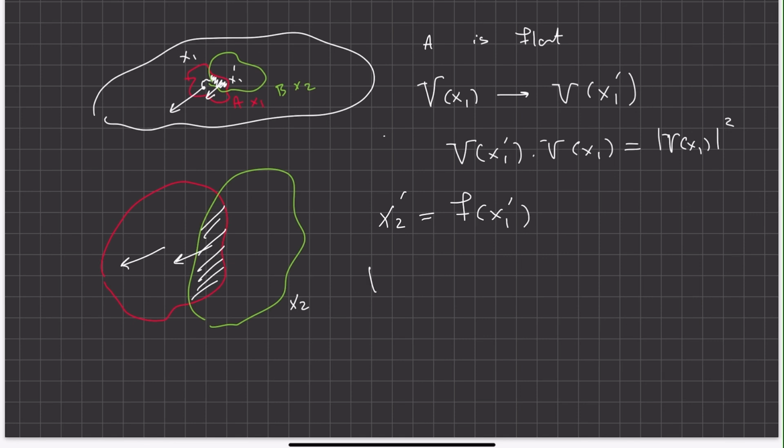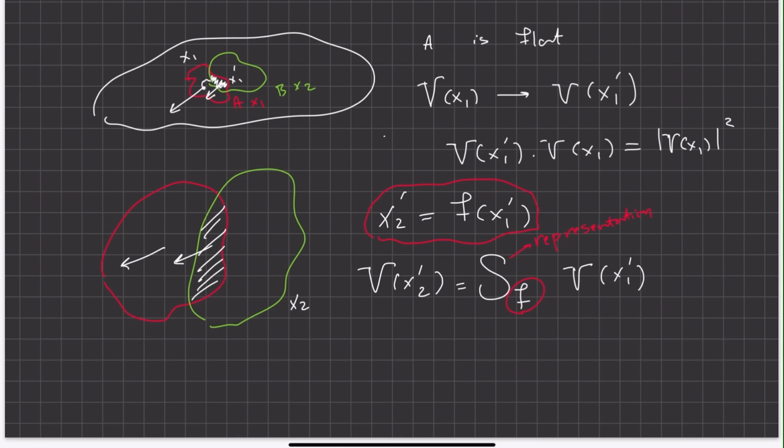And now the v at x prime 2 is equal to some s of f. So that's the representation. And this f is a function to transform these coordinates acting on v of x prime 1.